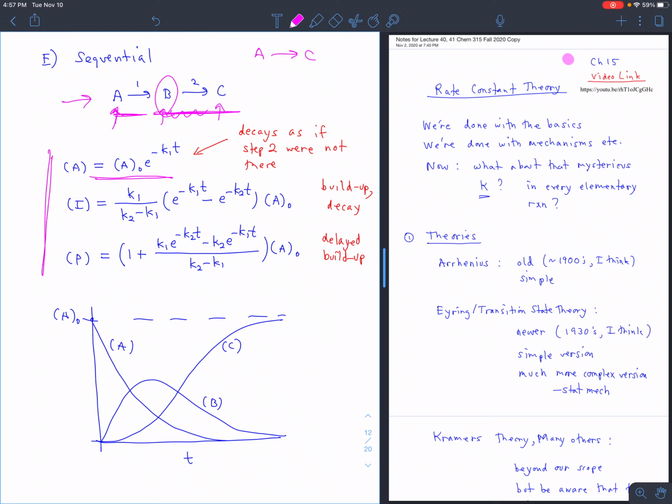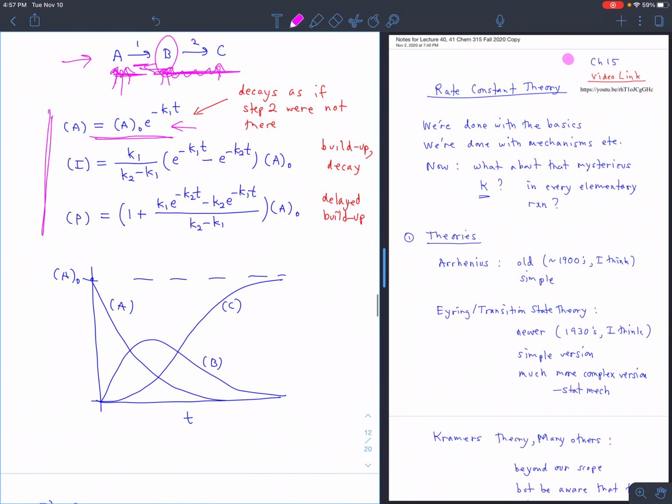That's because the reaction is irreversible. Once you've gone to B, you can't have any more effect on A, right? B can't go back, and so neither can C. And so it's not surprising that A behaves as if it were all by itself.